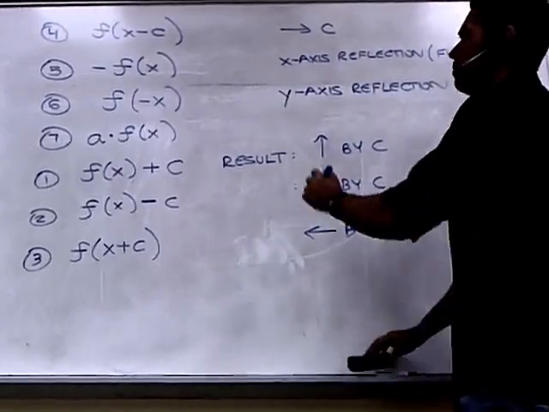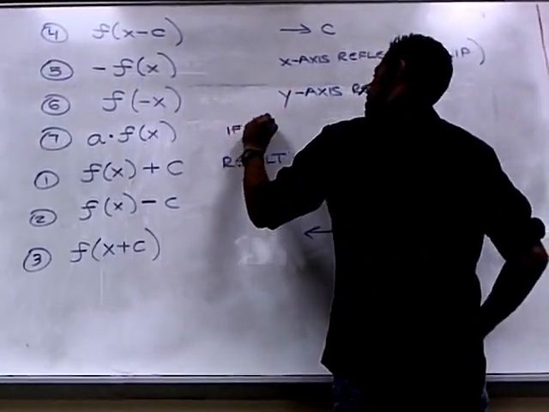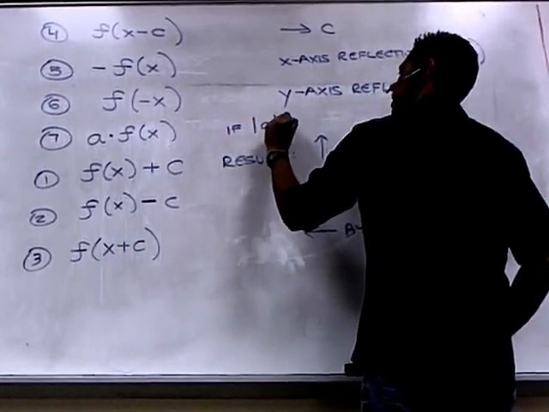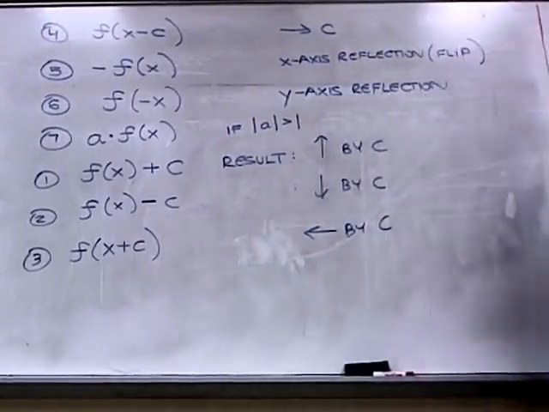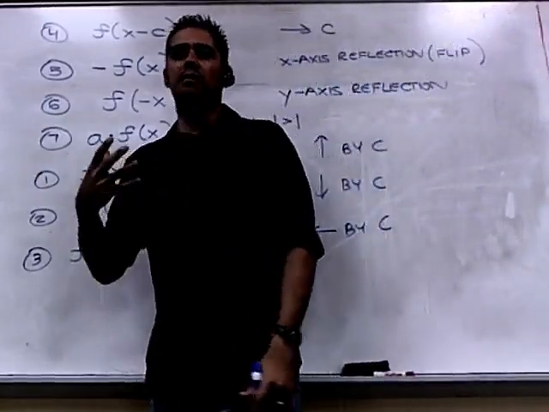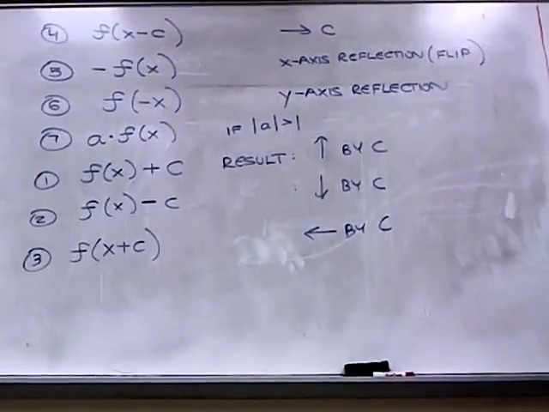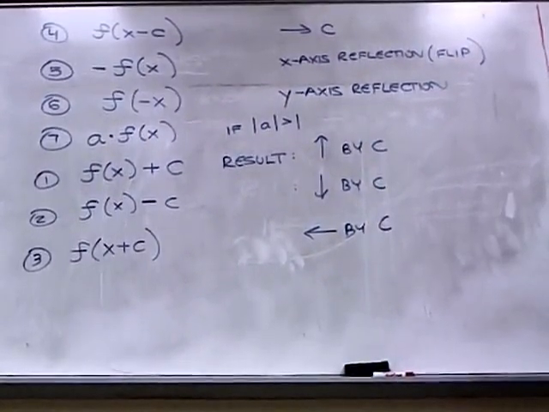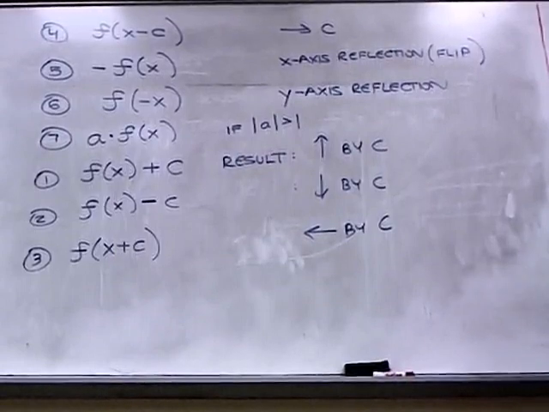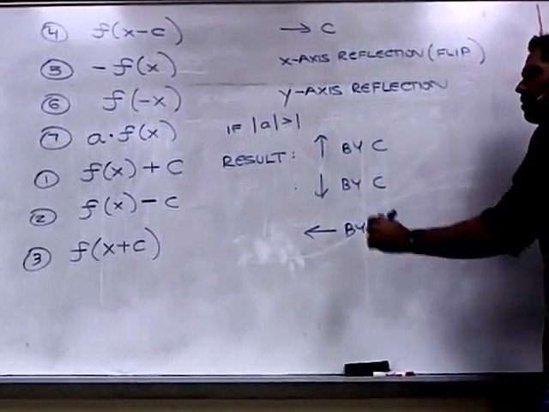So I'm kind of running out of room, but I'll try and squeeze it in here. If the absolute value of a is bigger than 1, so whatever that number is, if it's bigger than 1, then there's two ways to look at it. You need to look at it as shrinking or stretching. So I'm going to try shrinking this semester and see how it goes.